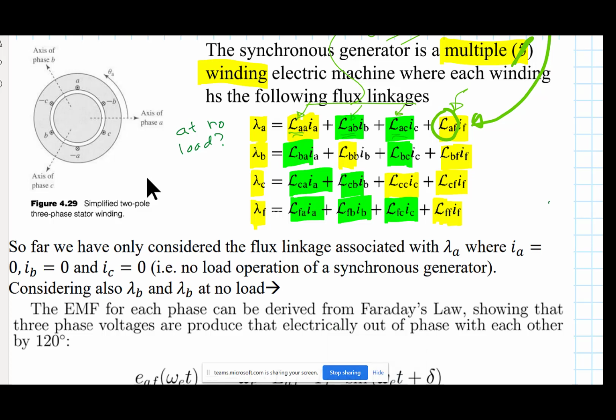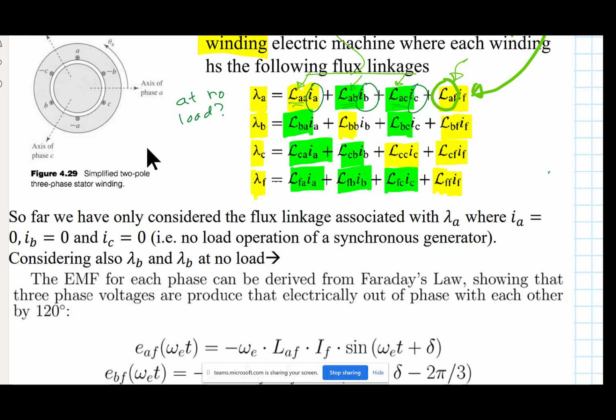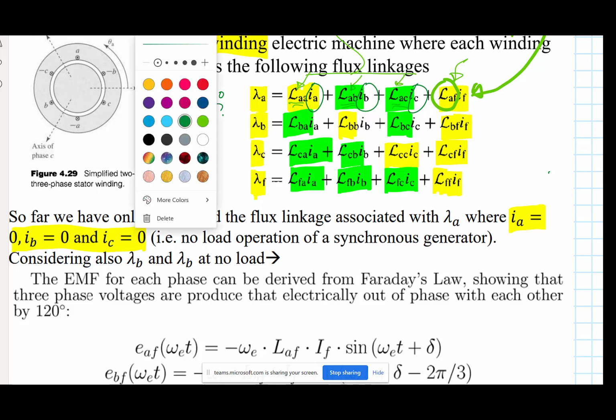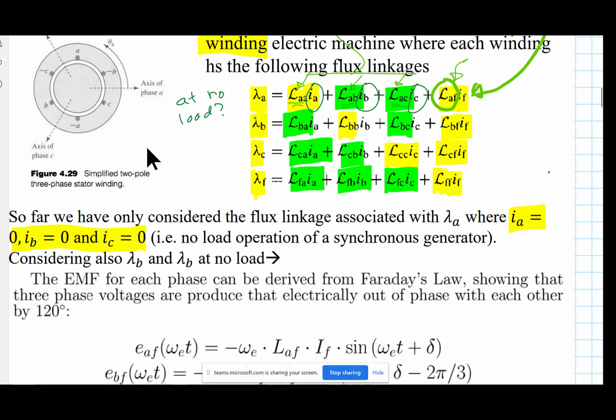Well, okay, the load is associated with what's on the stator, A, B, and C. So at no load, as it says right here, IA, IB, and IC are 0. And so as a result, at no load, these flux linkages would be 0.